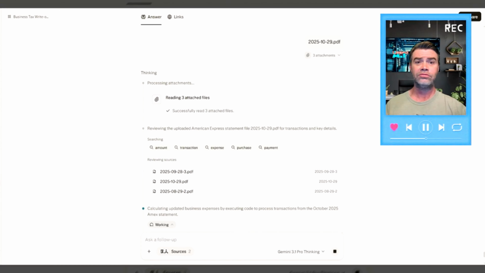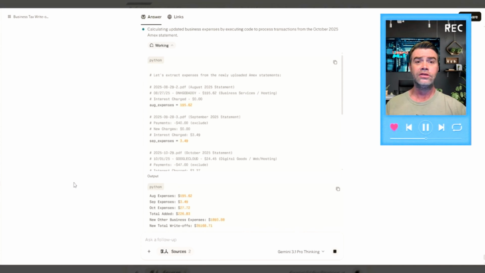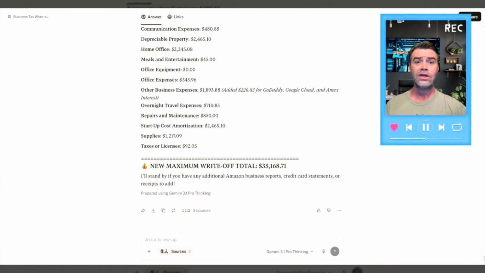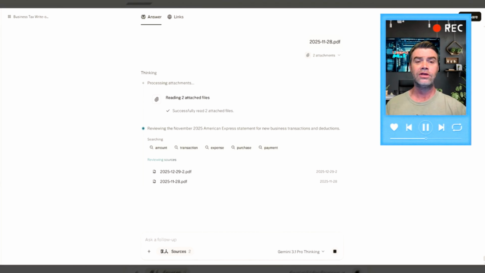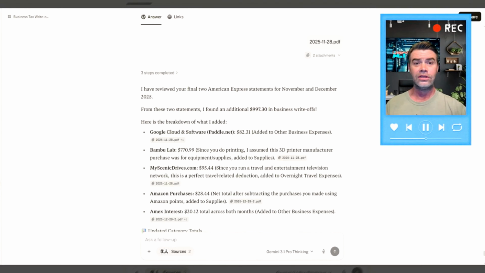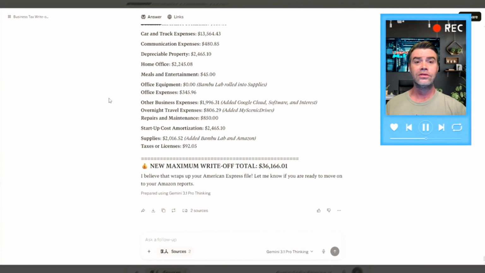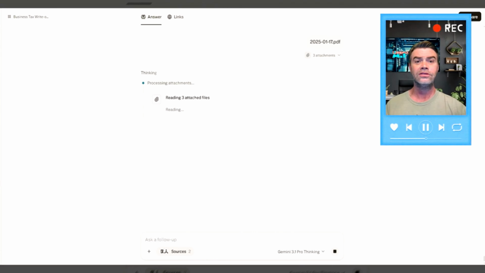Once the OpenClaw business agent found all the different email expenses, I essentially just took those expense reports and dragged and dropped them into the prompt window for my Perplexity space, my business write-off agent, and clicked send. I waited a couple minutes while it categorized those expenses, and then dropped in the next report, and the next report, and so on, until I was done with all the reports that my OpenClaw business expense agent had found.